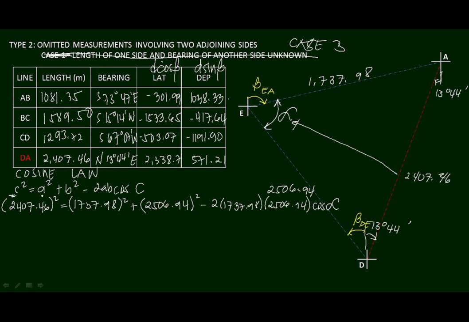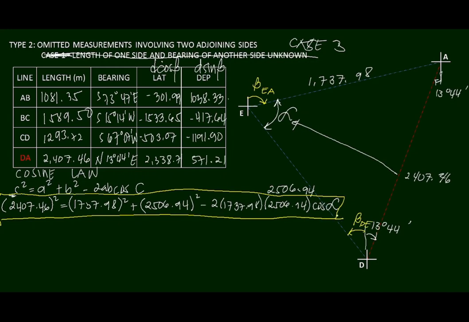Inputting this in your calculator. This is what we will input in the calculator. Inputting this one, which I will box in yellow. Inputting this in your calculator, we will solve the value of alpha.